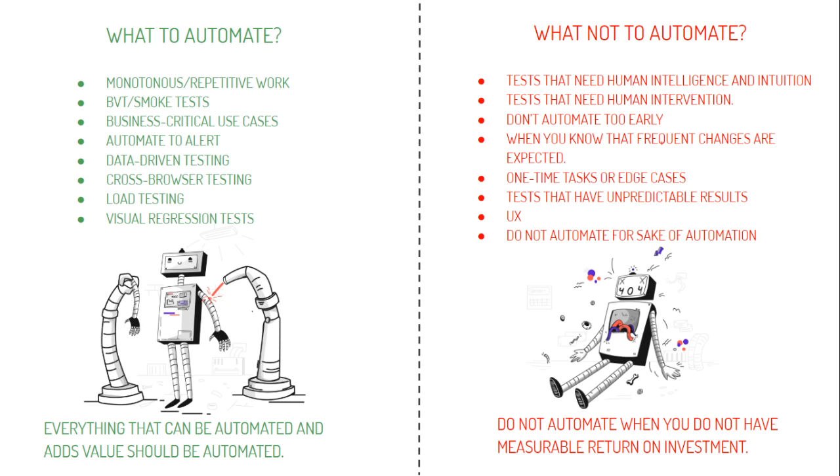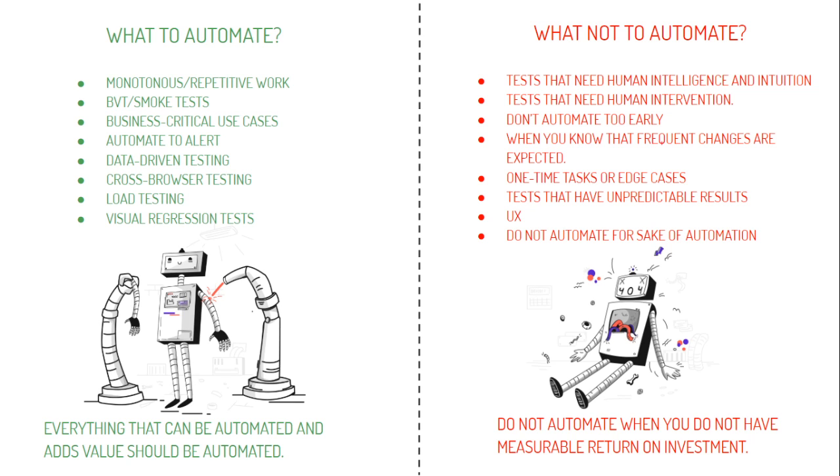So now let us talk about what we should automate and what we should not automate. Speaking about what you should automate: monotonous and repetitive work. Machines are very good at monotonous or repetitive work, especially your regression tests.